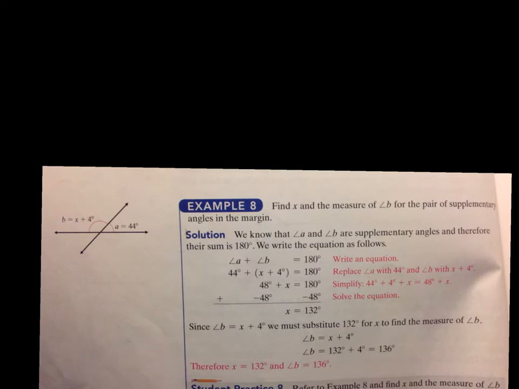Alright, so for the last part of your homework, questions 11 through 14, it's going to get a little bit even more tricky. So let's use this example here. It says find x and the measure of angle B for the pair of supplementary angles in the margin. So now we're going back to 180 degree lines, and we're going to find two angles that equal that 180 degrees.